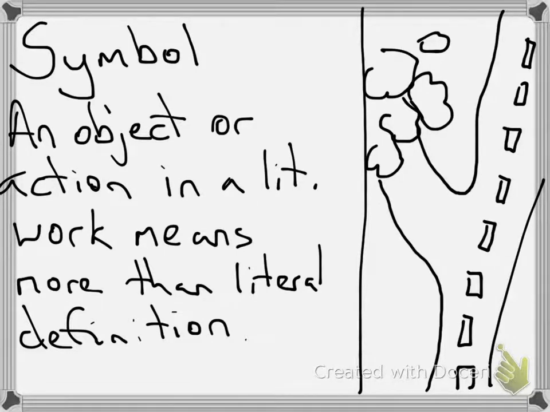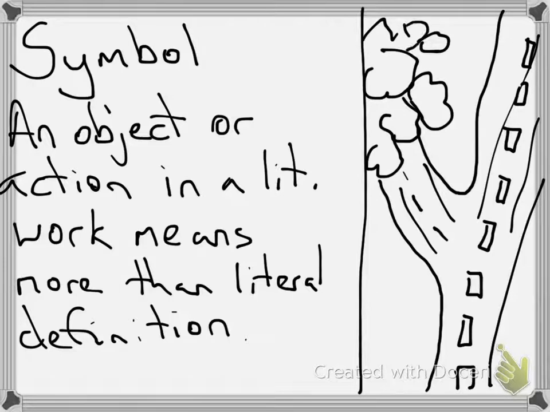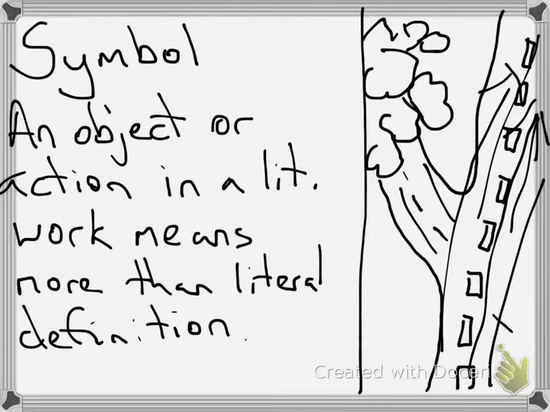It stands for something beyond itself. So I have a terrible, terrible drawing of two roads here. One that's clearly traveled all the time and one that's not at all. And we have over here a bunch of trees and stuff denoting that nobody goes down this road. So it's off of a poem called The Road Less Traveled. The road is a symbol for a man's life. So most everybody goes down the easy road because everybody knows it. But some people choose to go down this kind of road because it's off the beaten path. It's something new, different from everybody else.